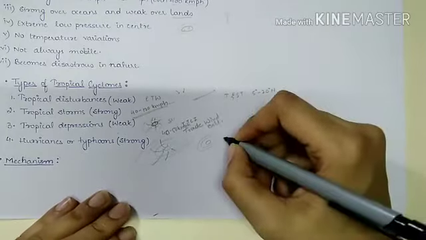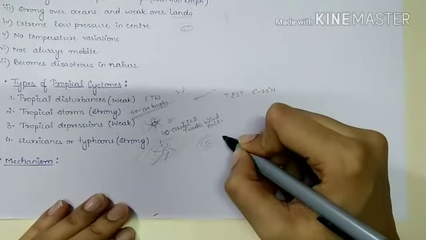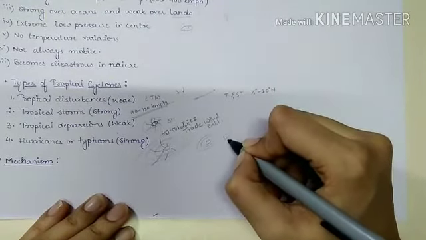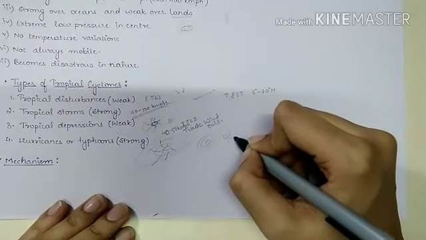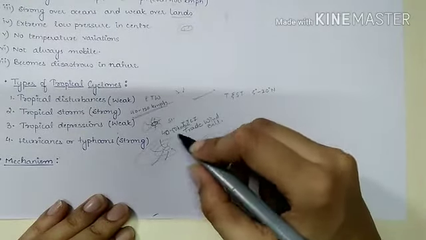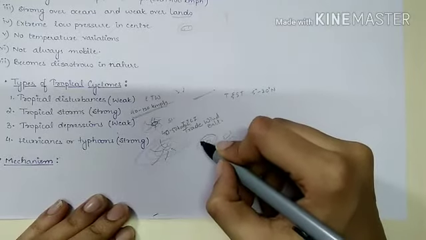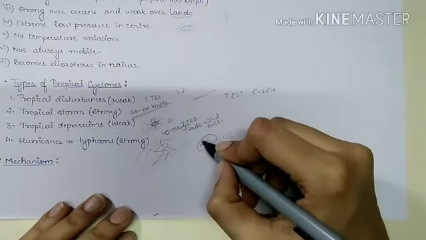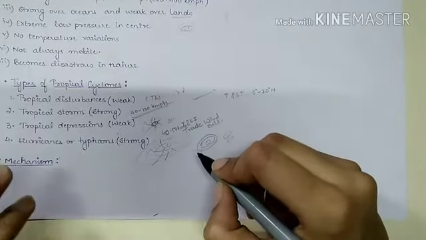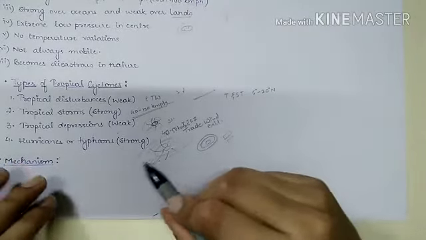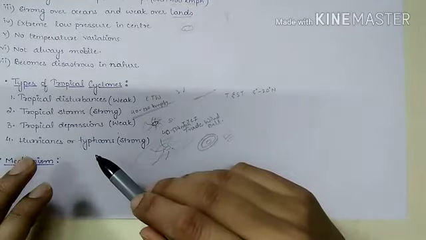So the precipitation in a temperate cyclone will occur only during formation of a cold or warm front, while in hurricanes there will be heavy downpour and it will be uniformly distributed. In hurricanes there will be no temperature variation.